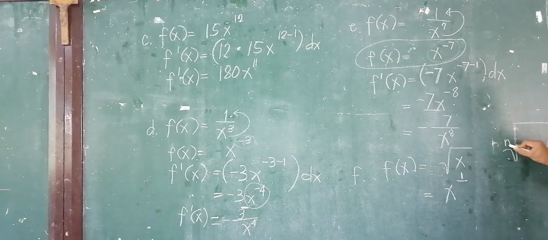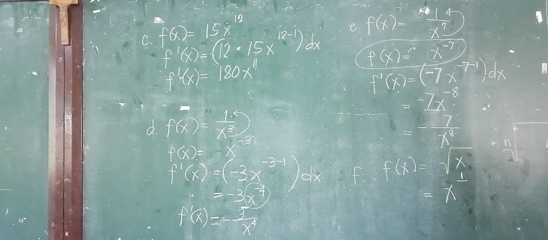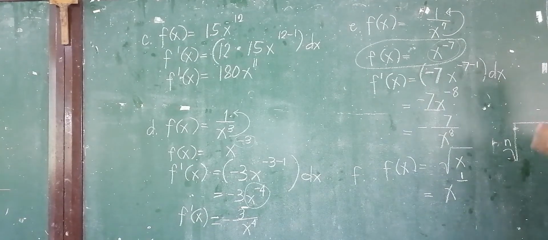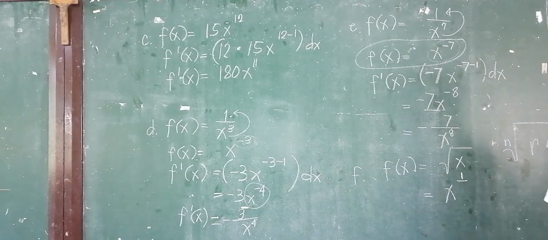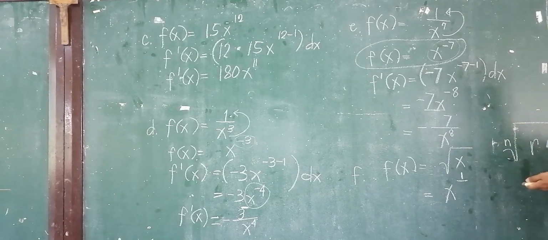Yung number na maliit na nandito, ang tawag dyan, index. Okay, index. Hindi yan index card. Yung maliit na number na makikita nyo dyan, tawag dyan, index. Yung nasa loob, halimbawa, R, ang tawag dyan, radicand. R-A-D-I-C-A-N-D. Radicand. Yung buong expression, ang tawag, radical.